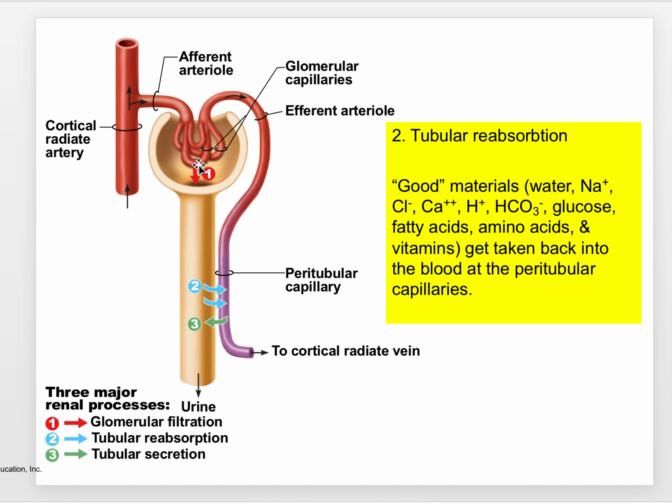So although it leaves the blood supply here in the glomerulus, it re-enters the blood supply here in these peritubular capillaries. The capillaries are near the tubules, so it's easy for them to collect the ingredients that have been filtered out.